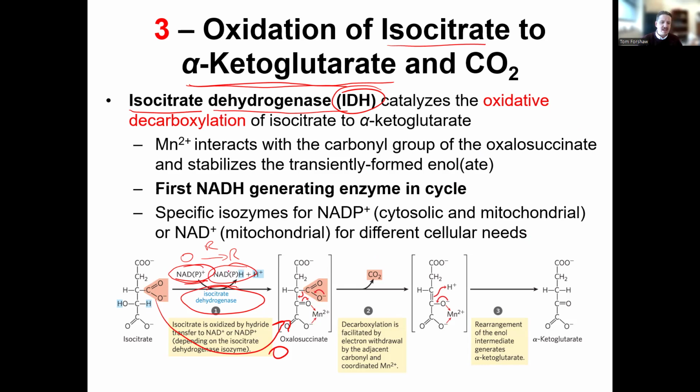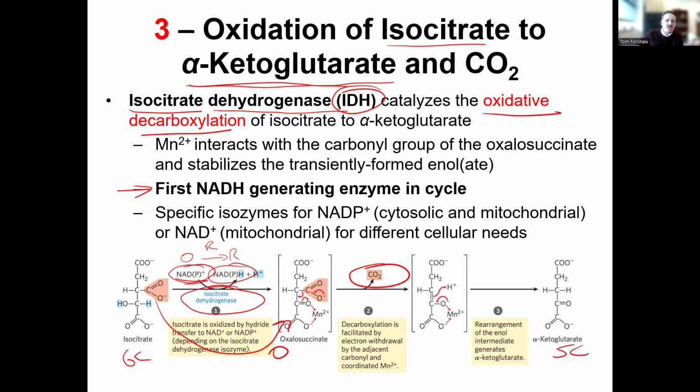But again, the oxidation that occurs is another oxidative decarboxylation, so it is indeed the loss of CO2. So we go from the 6-carbon isocitrate to the 5-carbon alpha ketoglutarate. This is the first NADH generating enzyme in the cycle.